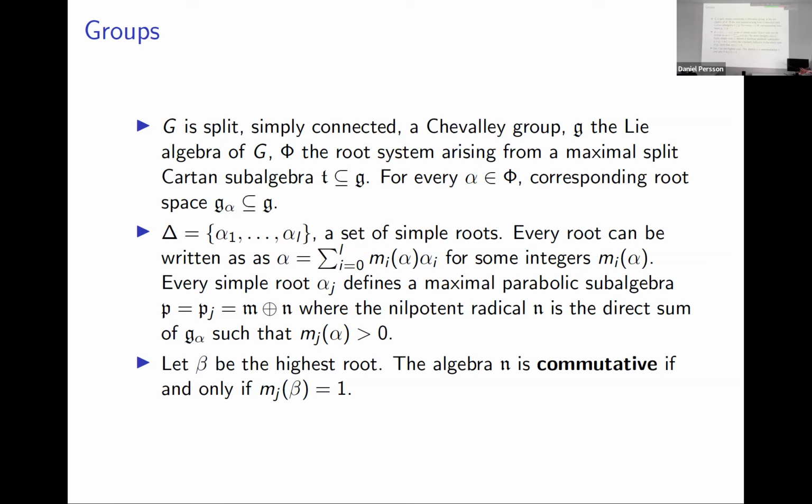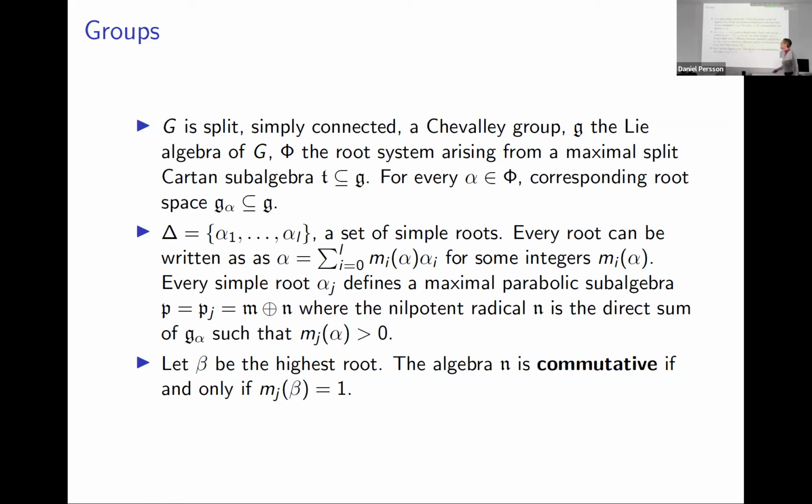We know that every simple root determines a maximal parabolic subalgebra. The nilpotent radical here is spanned by all the roots for which the multiplicity in which the simple root alpha_j appears is greater than 0.